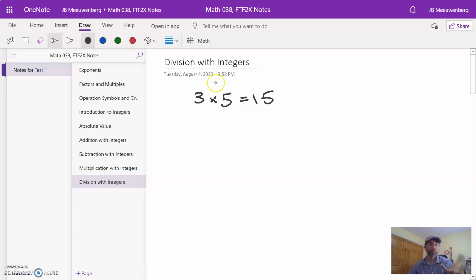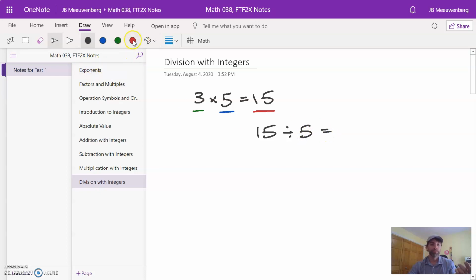It undoes multiplication. So we've got the number 3, we've got the number 5, and when we multiply them, we get the number 15. Well, we're going to work that backward. We're going to take our product, 15, and divide it by 5.